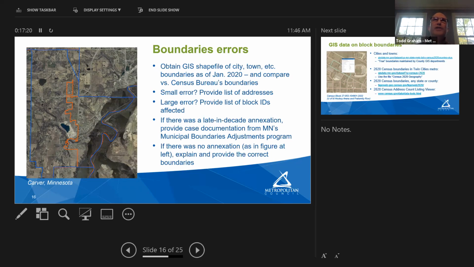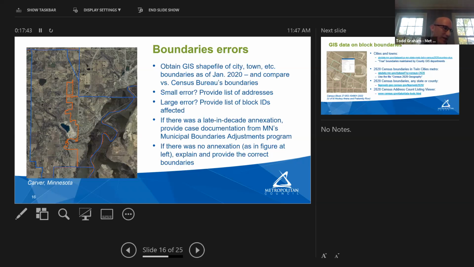They overcounted the area of Carver, Minnesota by about 6,000 acres, which is not a minor trivial amount. It's like 9 square miles that they erroneously took out of the neighboring township and plopped into the census defined Carver, Minnesota.